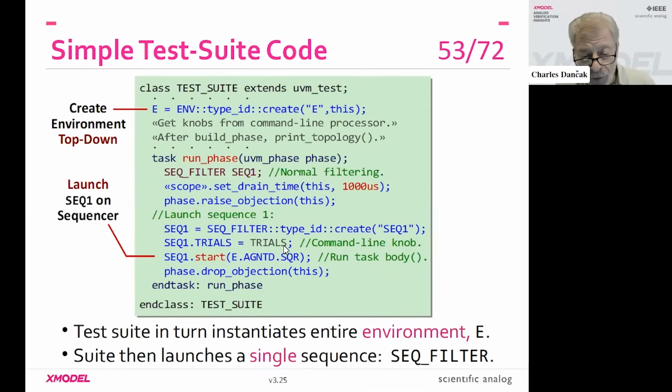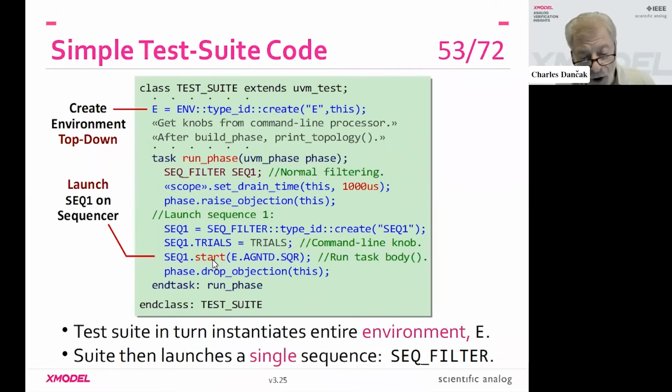We bring down the trials knob into the sequence so we can set the length of its for loop. And then here's the answer to that question. We start this transitory sequence on the sequencer object, that pink rounded rectangle in our class block diagram. So this highlights the difference between the sequencer and the sequence.